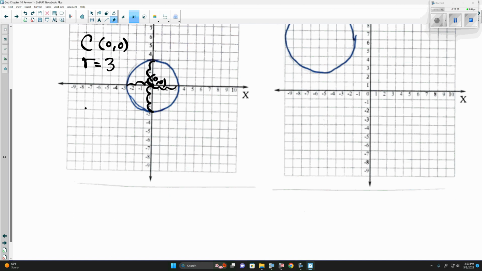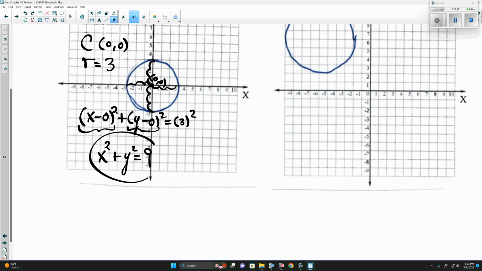So for this here, we would say x minus 0 squared plus y minus 0 squared is equal to 3 squared. Well, x minus 0 squared is the same as x squared. y minus 0 squared is the same as y squared. And 3 squared would be 9. Questions on this here?